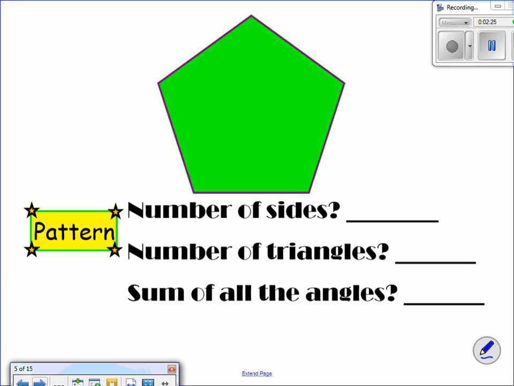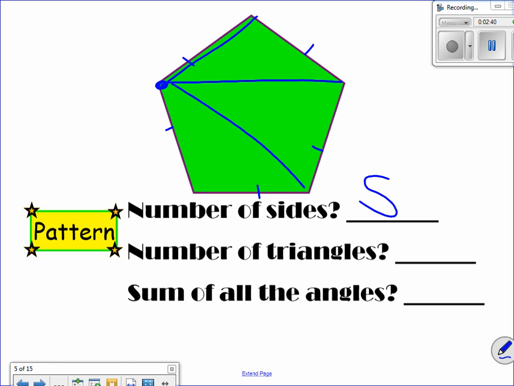How many sides do I have on my pentagon? 1, 2, 3, 4, 5 sides. How many triangles do I have? I'm going to pick a point, this vertex this time, and draw a line to all of my other vertices. This is important to do. How many triangles do I see? 1, 2, 3 triangles.